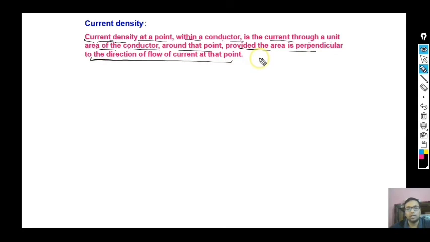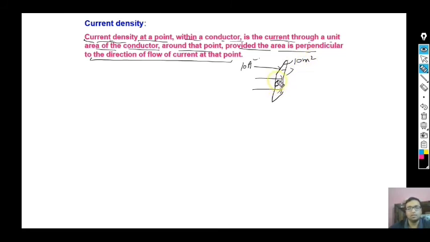So what is current density basically? For example, we can consider 10 ampere of current. However, this is a very high amount of current, but we can understand that 10 ampere of current is flowing through an area, and this area is 10 meter square.